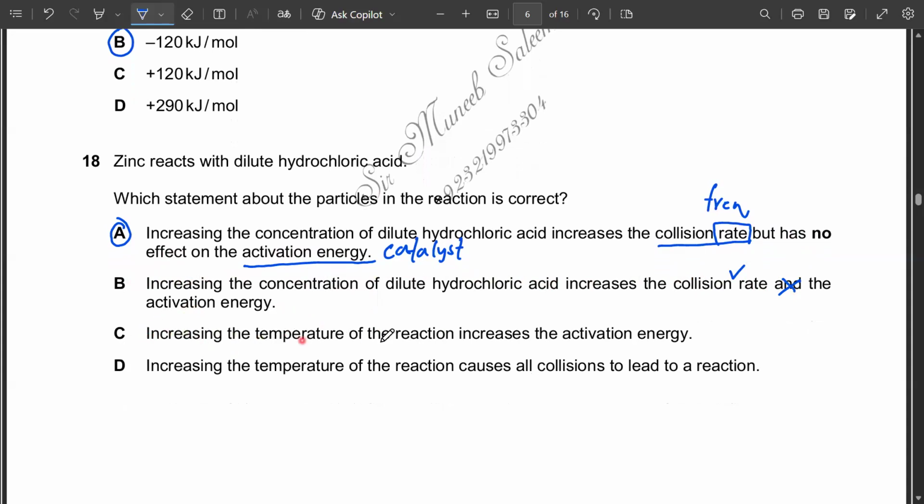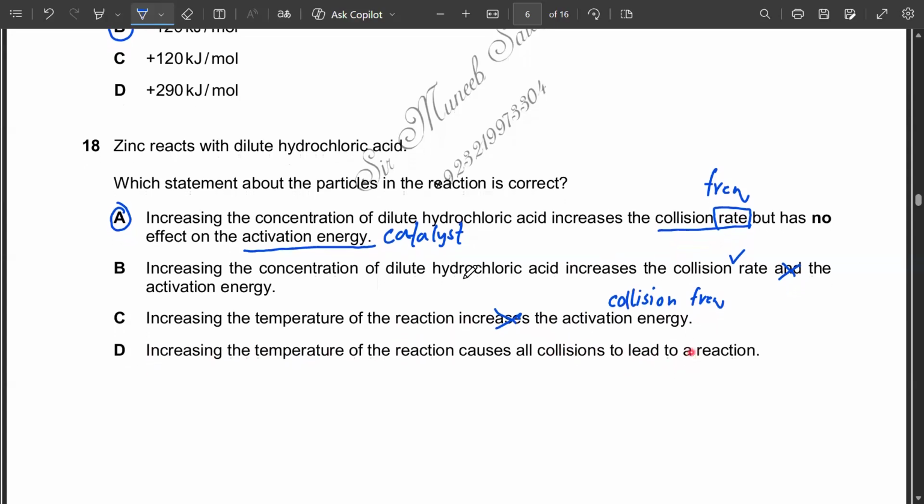C is increasing the temperature of the reaction increases the activation energy. So again, that's an incorrect relation. It has no effect on the activation energy, but it only increases the collision frequency or the rate of the reaction. You can say collision frequency or collision rate. In option D, increasing the temperature of the reaction causes all collisions to lead to a reaction.